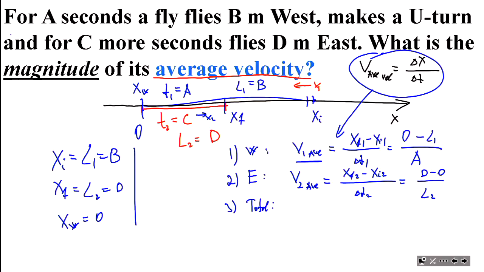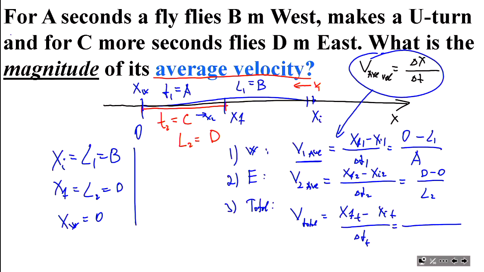See, the same point, 0, the origin, has different meanings depending on what part of the trip is considered. For the first part, that's the final location, but for the second part, that's the initial. And for the total trip, the average velocity should be equal to x final for the total minus x initial for the total over time total.